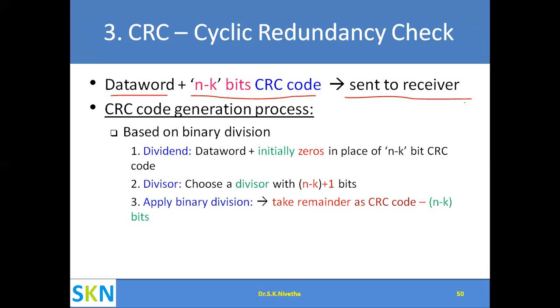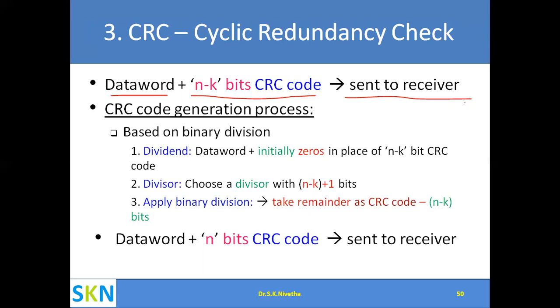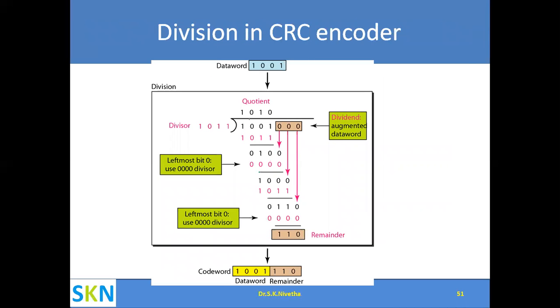We are not interested in the quotient. We are interested in the remainder. That remainder is the CRC code. That will be added to the data word and sent along to the receiver. So this is how it happens. 1001 is the data word and the divisor is chosen as 1011.